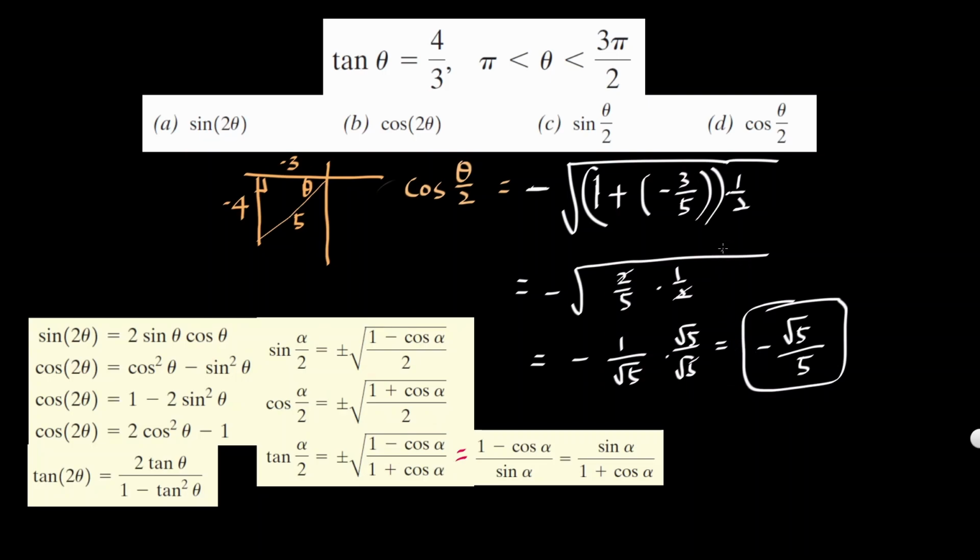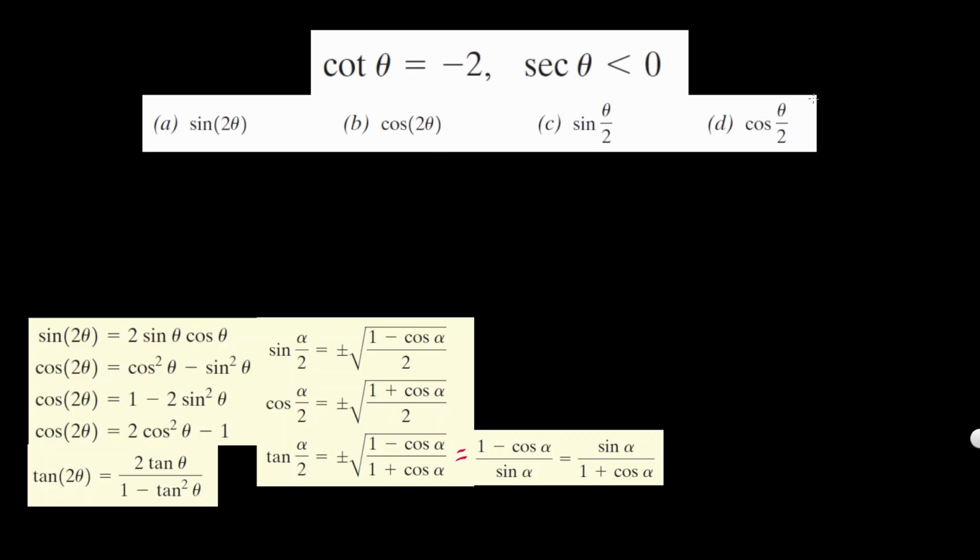Let's do one more. Let's do one more that looks a little bit different. Let's do this problem now. We got cotangent theta is equal to negative 2, and then secant theta is less than 0. Okay, let's figure out what quadrant that lies in. Cotangent is just going to be 1 over tangent.